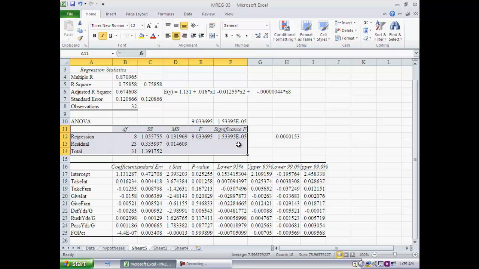Can I pinpoint one or more independent variables that are not pulling their fair share and maybe ought to be dropped from the model? In the next video clip, we are going to test each and every one of the independent variables separately and see how each one is doing in terms of contributing to the explanation of the variability of the dependent variable.